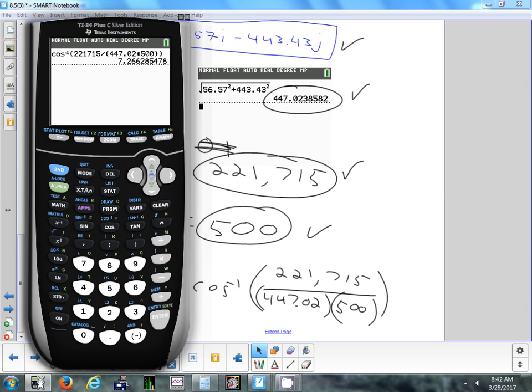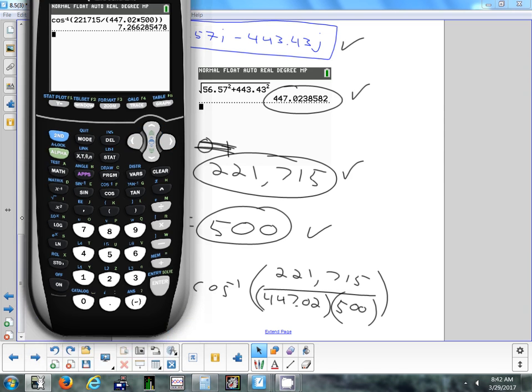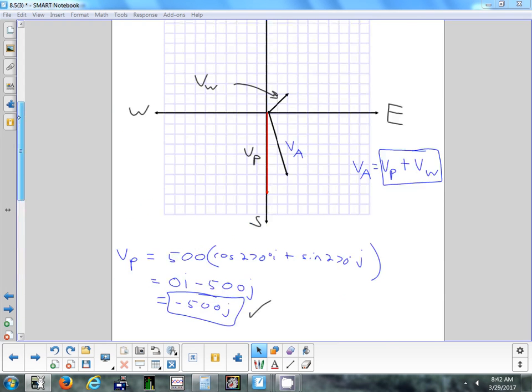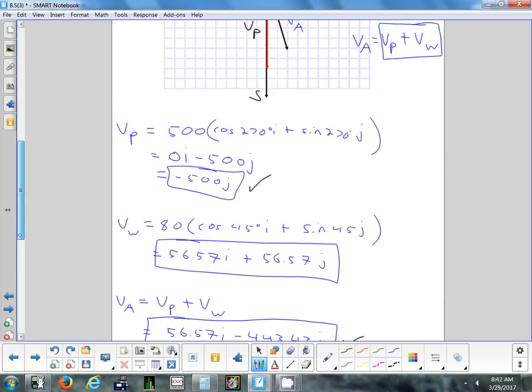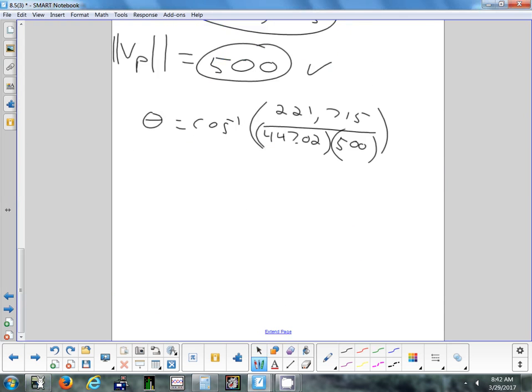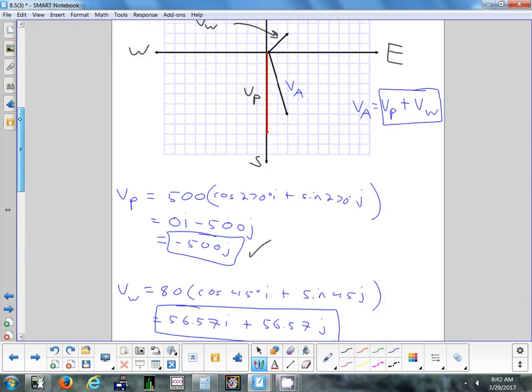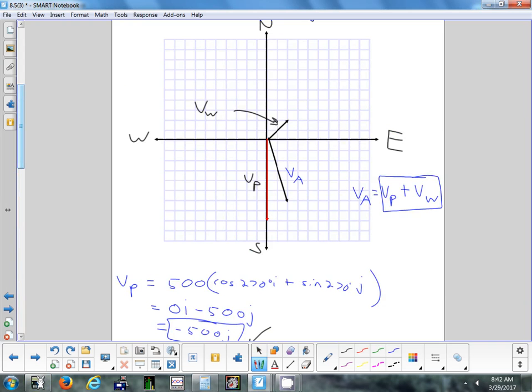Okay, so the angle is 7.2, we'll say 7.3 degrees, which seems reasonable because that's a very small angle. So it's 7.3 degrees, and the way you would word it, it's 7.3 degrees to the east of south.